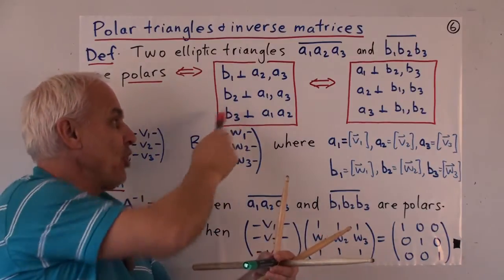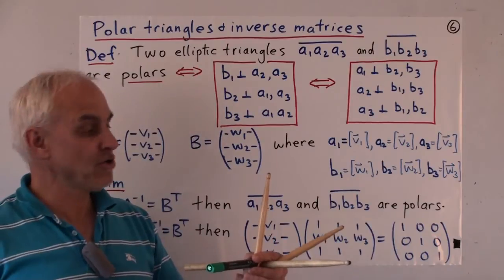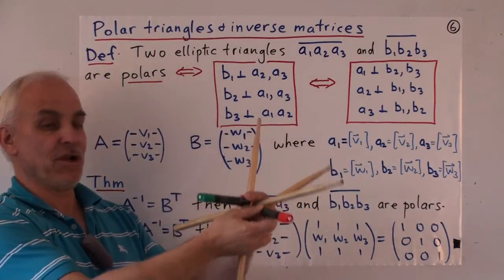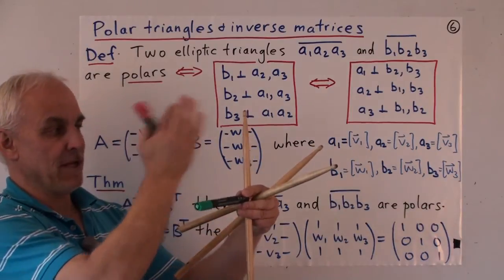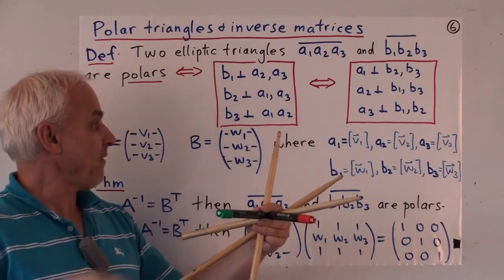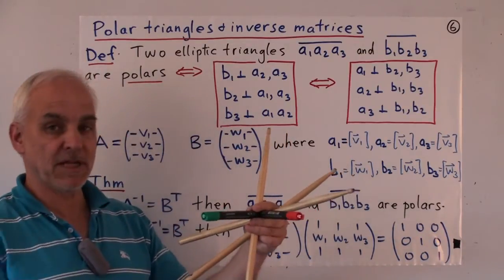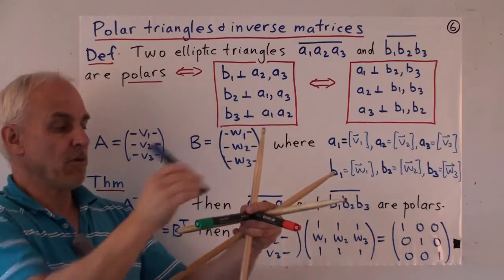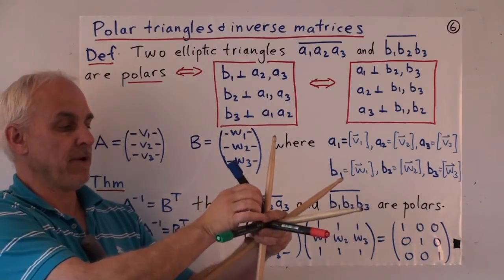All right, so B2 is going to be a normal line to A1 and A3, so it's going to be in this direction here, perpendicular to this plane. I'll stick it there. And finally, B3 is supposed to be perpendicular to A1 and A2. Here is A1 and here is A2, so perpendicular to that will be there, roughly like that.